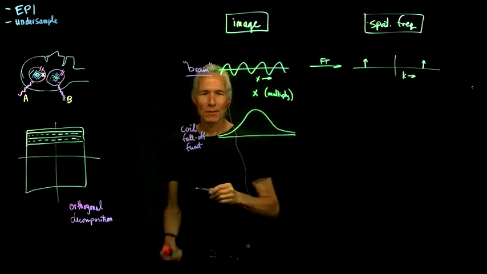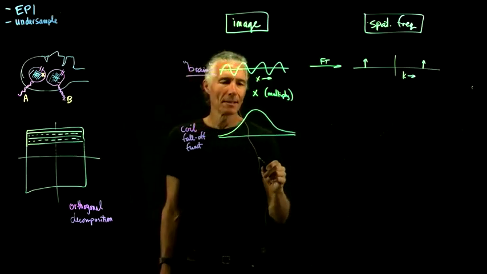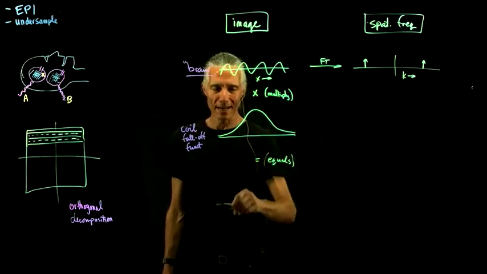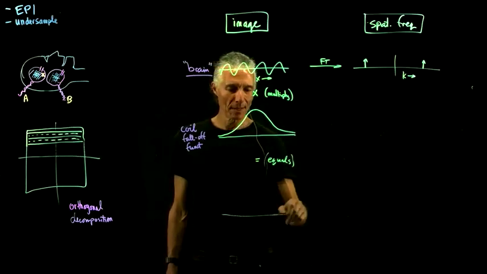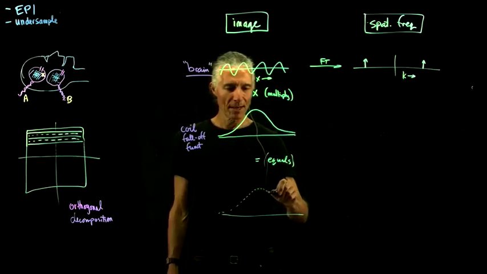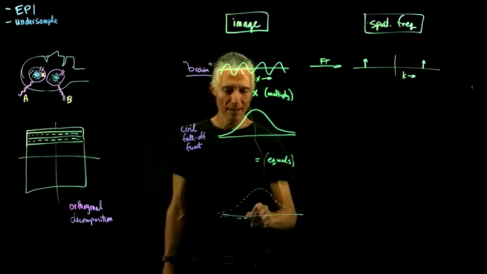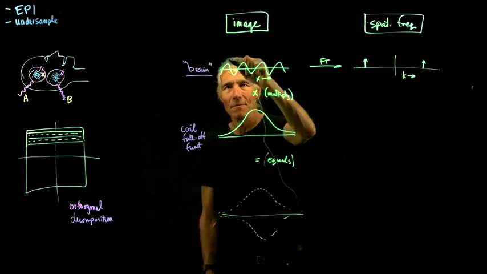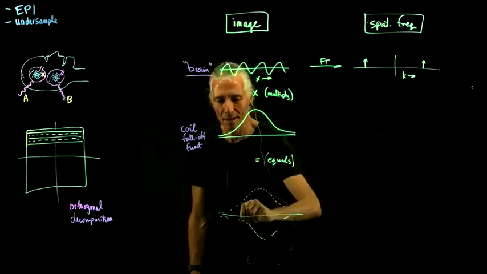So when we multiply that, what is that equal to? Not adding it, so multiplying it. It's going to be equal to that cosine in a kind of Gaussian envelope. So it's going to look like that cosine.